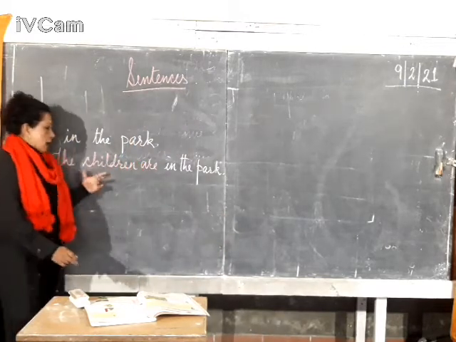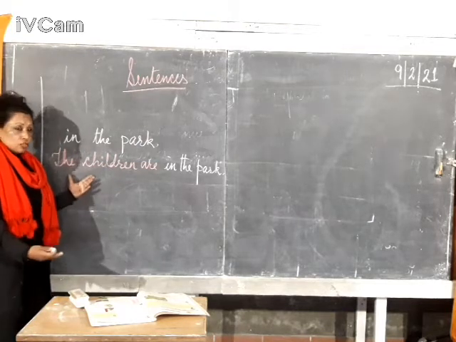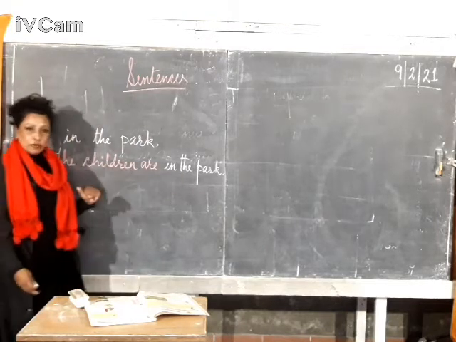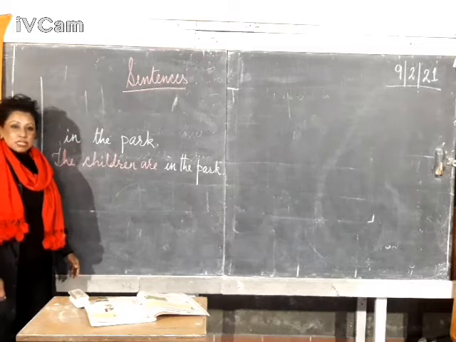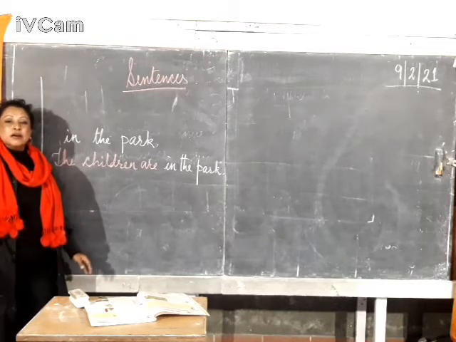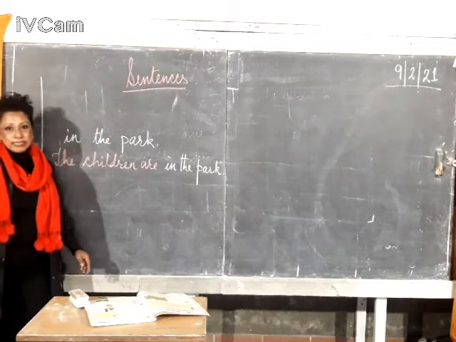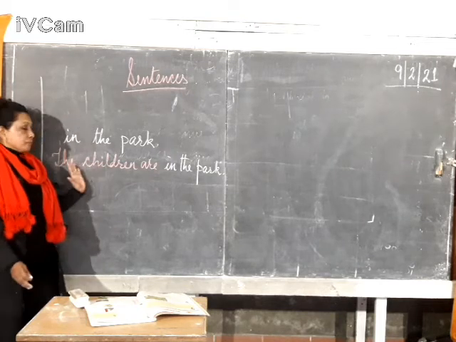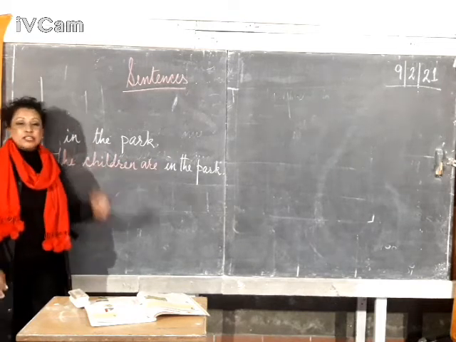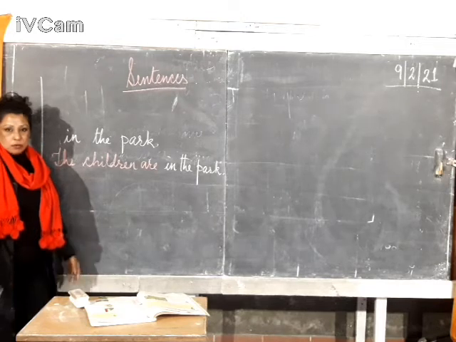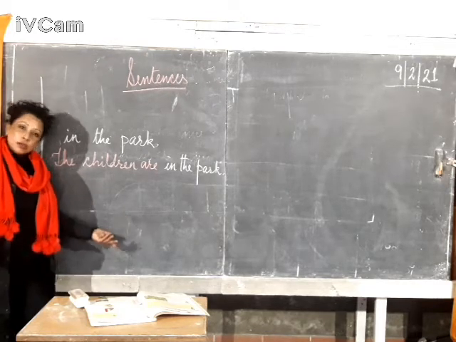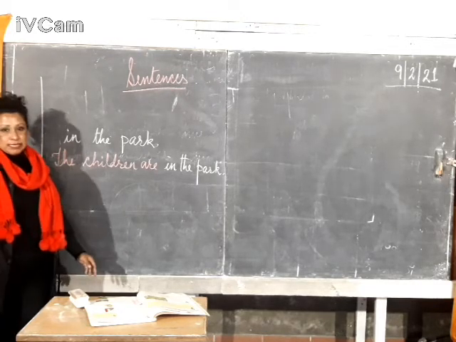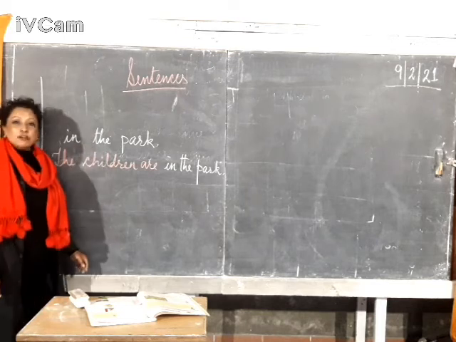So if I add a few more words in front of this group of words, then it makes complete sense. So this is a sentence. Why a sentence? Because now it makes complete sense and you'll have no more questions to ask. What, where, when, how, all right? So these are called sentences and this is called a phrase.